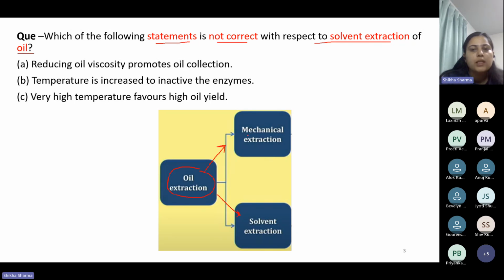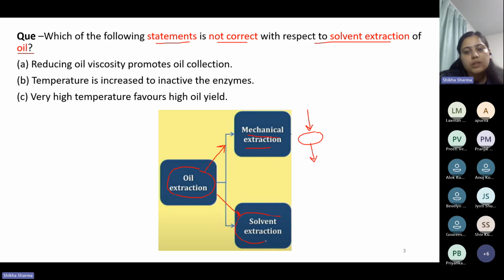In mechanical extraction, we mainly press the oil seeds, which are crushed and converted into coarse powder, and then we apply pressure on the coarse particles, and oil is released because of the pressure.